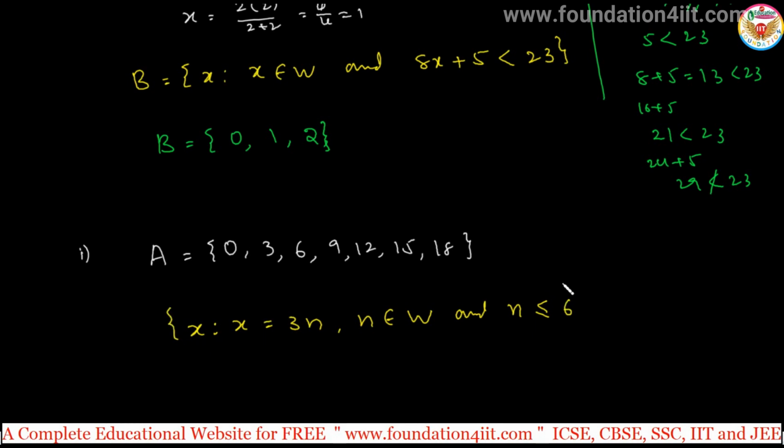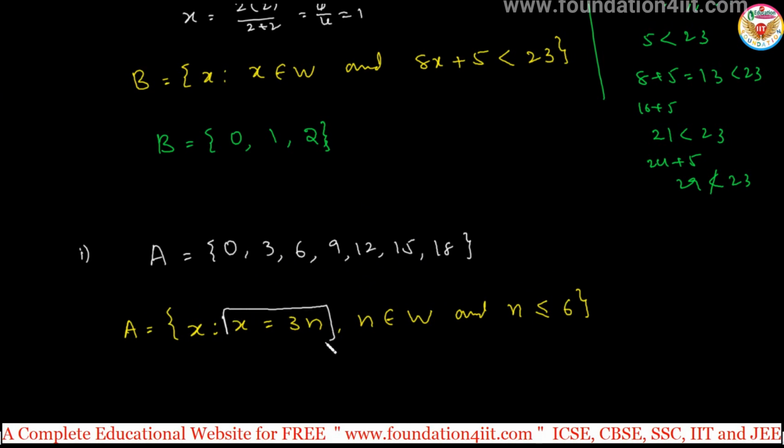Okay, so this is in set builder form. So for the given numbers, you need to understand clearly what relation is between the numbers, and that relation you can express in this set builder form. So if any series or any terms with commas are given, observe that relation first, and then we can convert it into the set builder form.